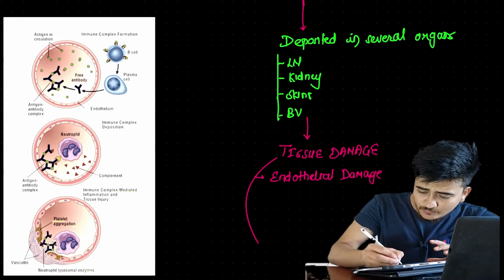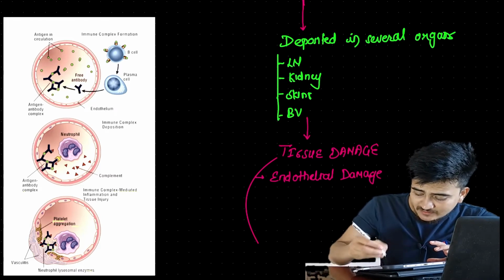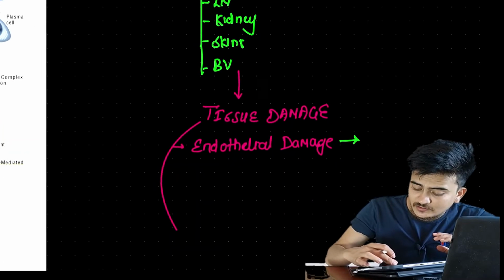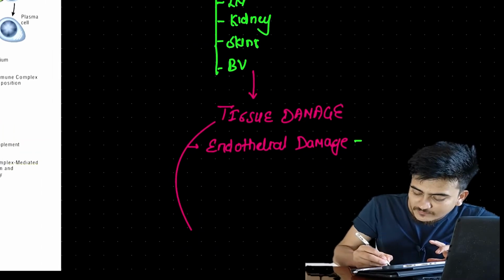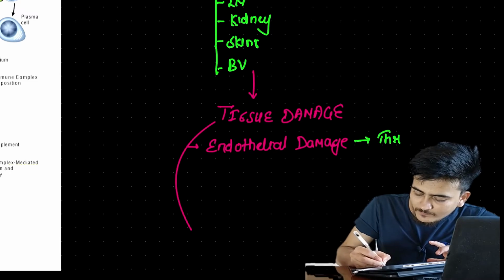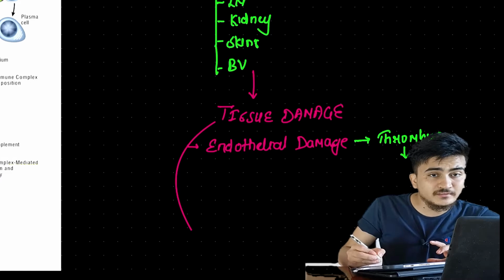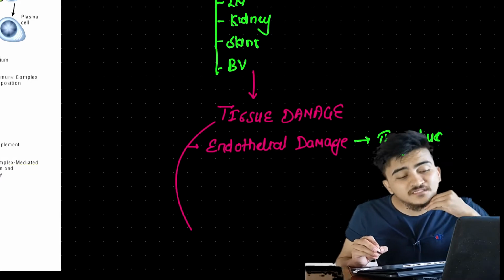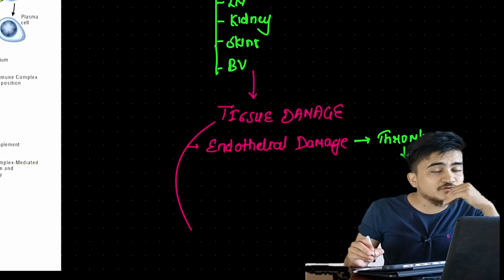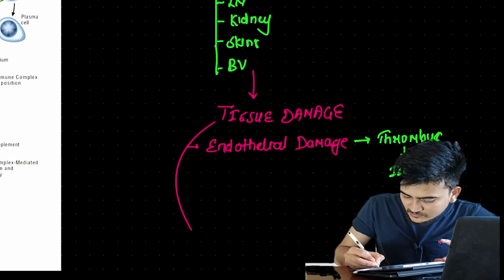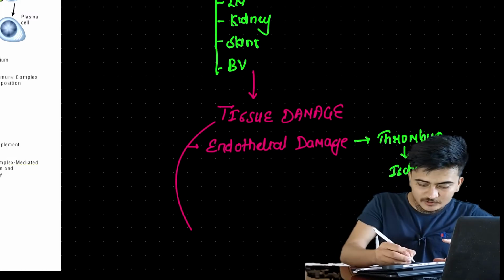As there will be endothelial damage, it will result in the formation of thrombus. As thrombus is formed, there can be a condition of ischemia in small blood vessels. This was one condition.